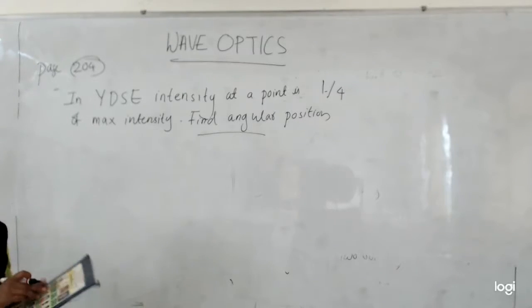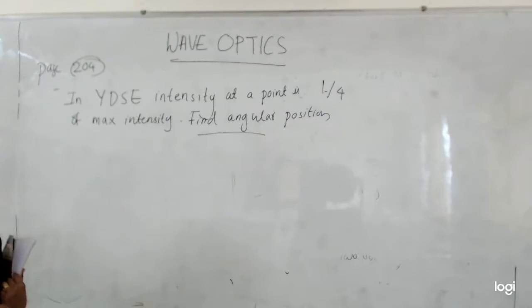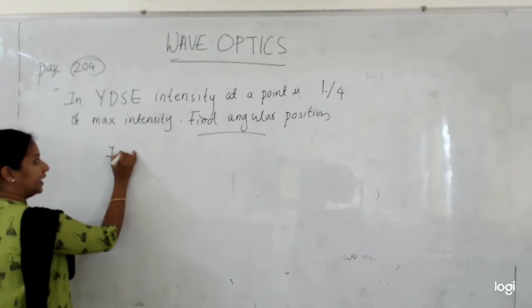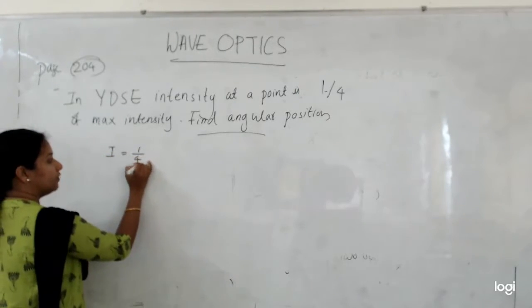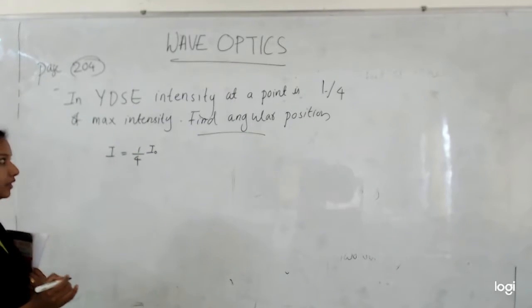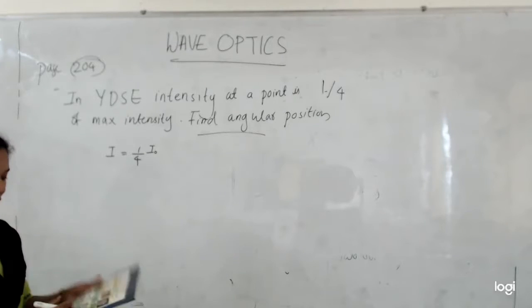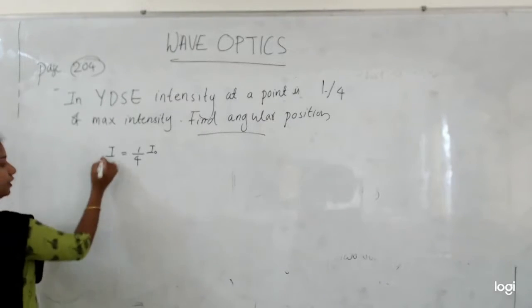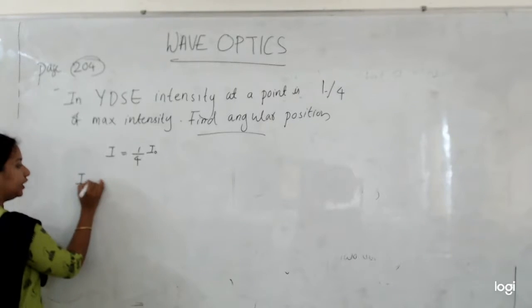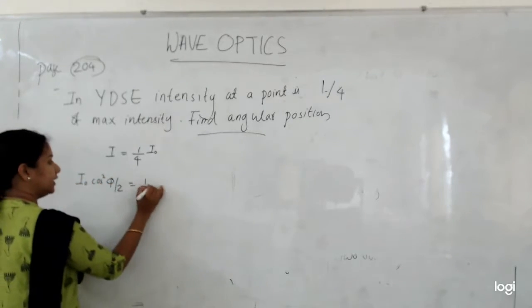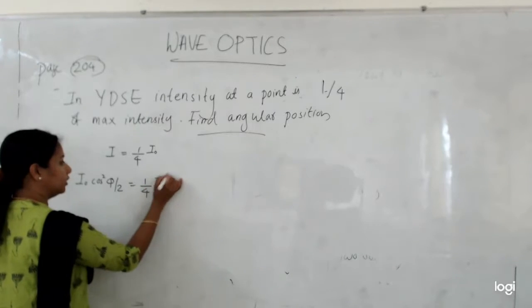So we have to take it in a different form. They gave the intensity, so you can just take it like this: I is 1 by 4 of I naught. And we know that I is I naught cos square phi by 2 is the equation. That is 1 by 4 of I naught.